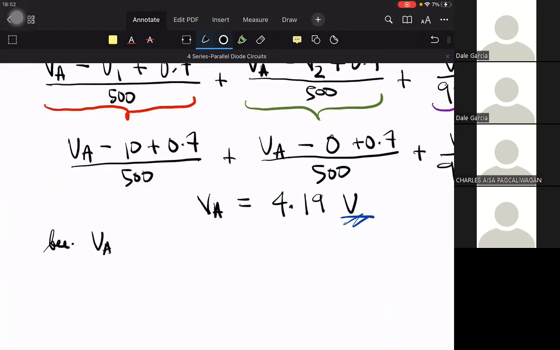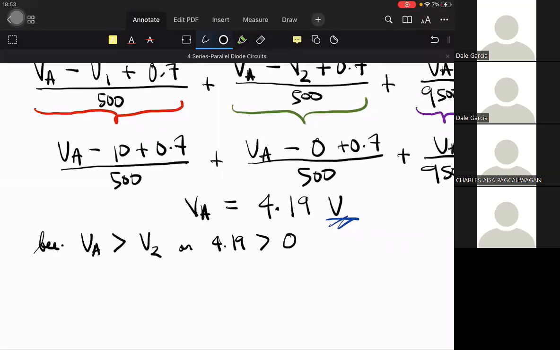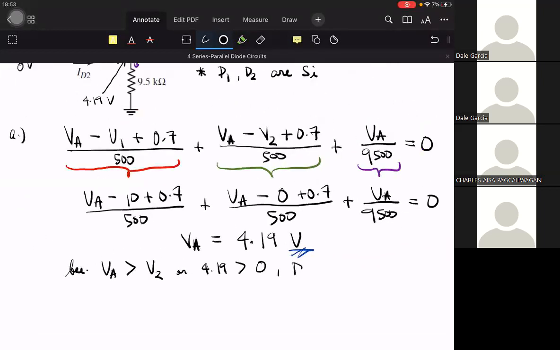Because VA is greater than V2, or 4.19 is greater than 0, of course, D2 or diode 2 is reverse biased.